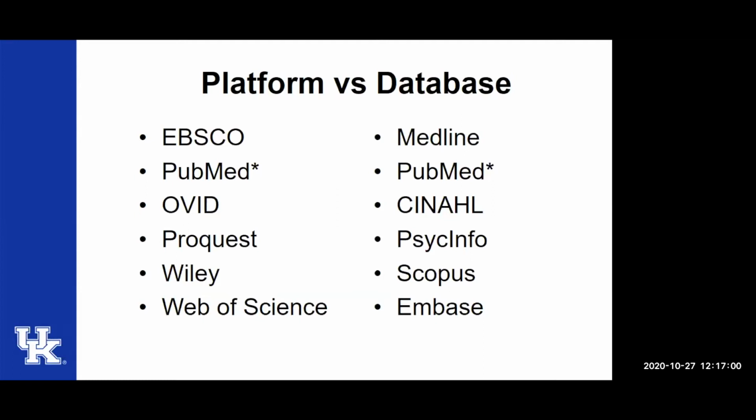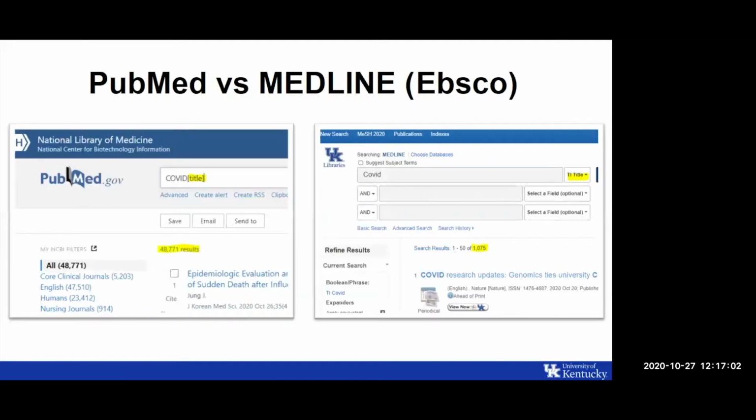To further demonstrate the difference between PubMed and Medline through EBSCO, I have a screenshot here. On the left, we did a title search for the word COVID in PubMed, and we got 48,771 results. That same search, COVID, in the title of the EBSCO Medline was 1,075 results.